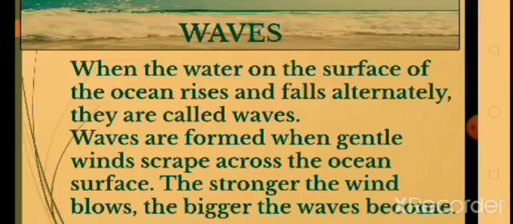Now, these waves travel at a speed of more than 700 kilometers per hour. The tsunami of 2004 caused widespread damage in the coastal areas of India. The Indira Point in the Andaman and Nicobar Islands got submerged after the tsunami.